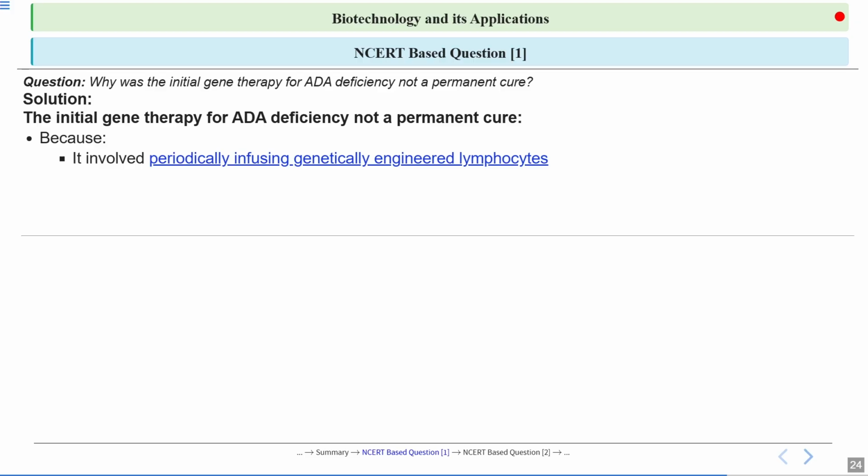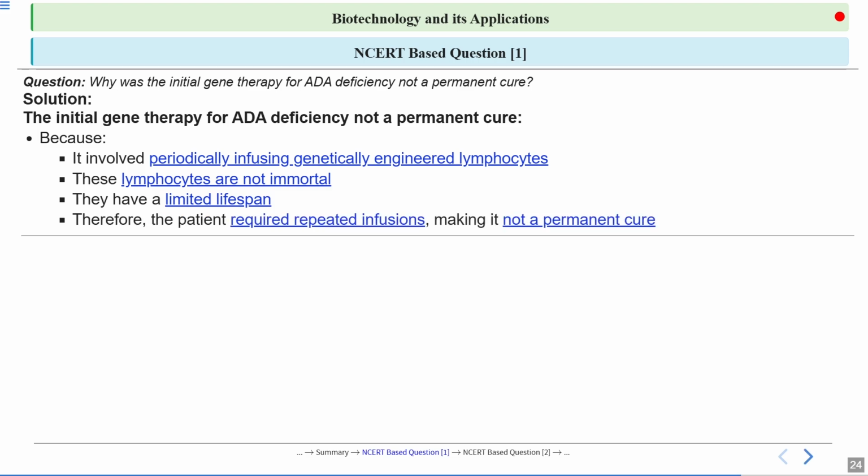So once those engineered lymphocytes die, there will be no production of ADA enzyme. Therefore, we need to periodically infuse those genetically engineered lymphocytes. These lymphocytes are not immortal, as I said. They have a limited lifespan. Therefore, the patient required repeated infusions, making it not a permanent cure.